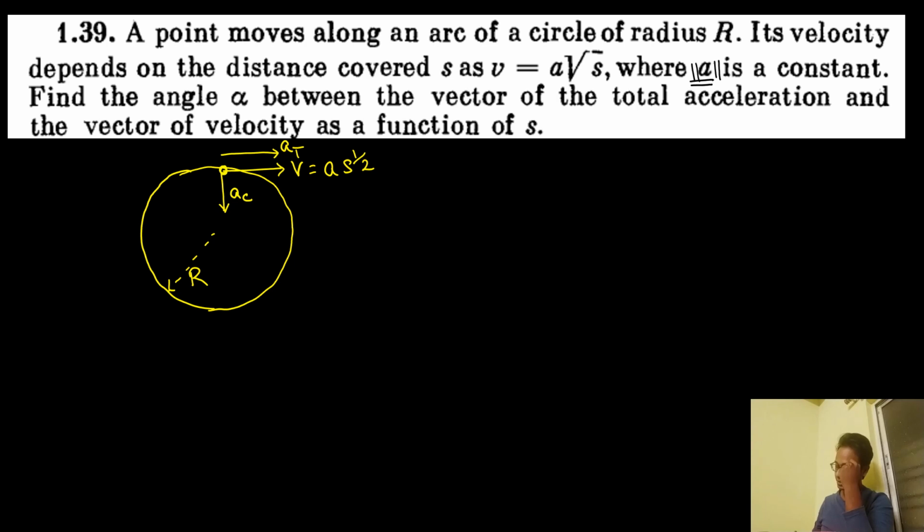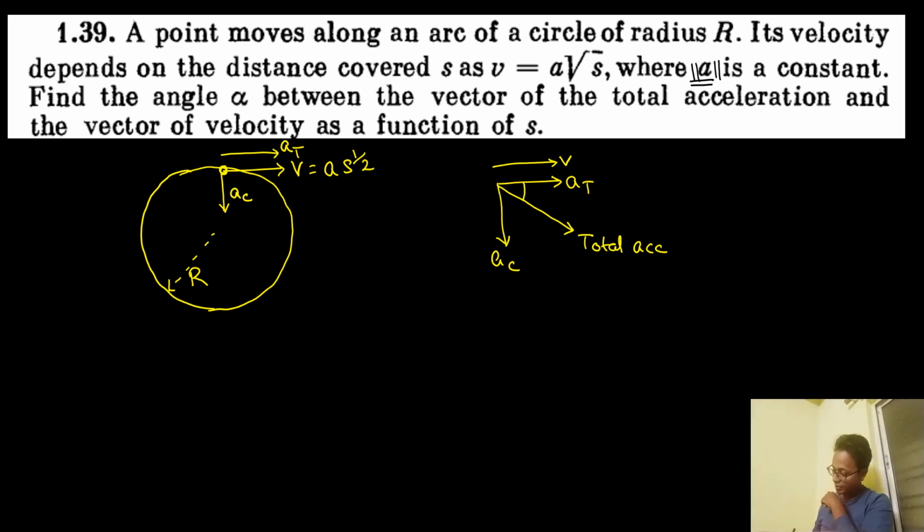Now the question is asking, if I add this tangential acceleration and centripetal acceleration, I'd get the total acceleration vector. And what is the direction of the velocity vector? The direction of the velocity vector is always along the tangential acceleration.